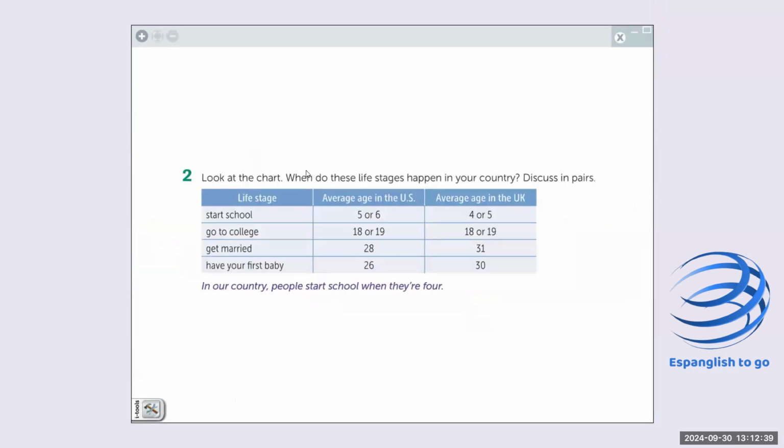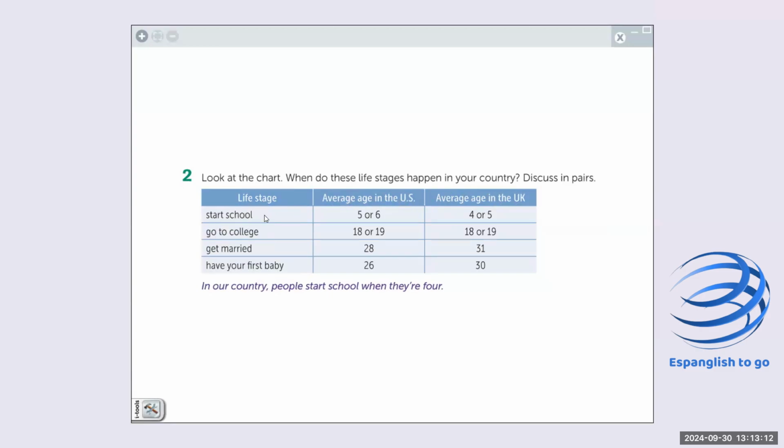Look at the chart. These are the different life stages. Start school, go to college, get married, and maybe have your first baby. We have the average age in the US for these activities and the average age in the United Kingdom.